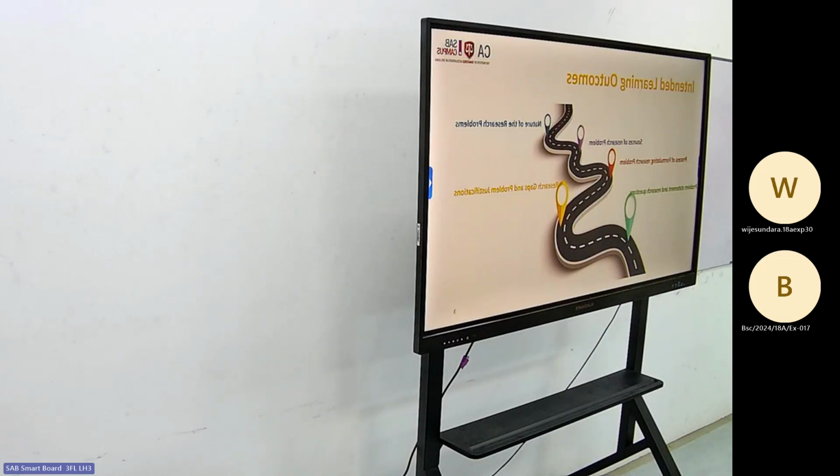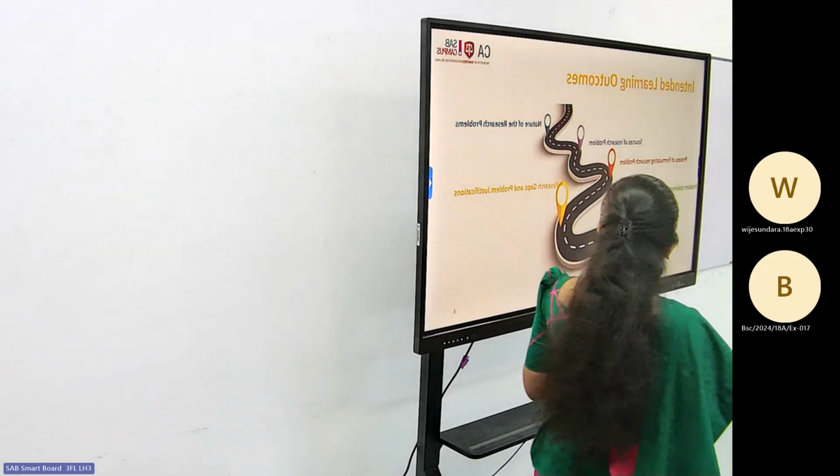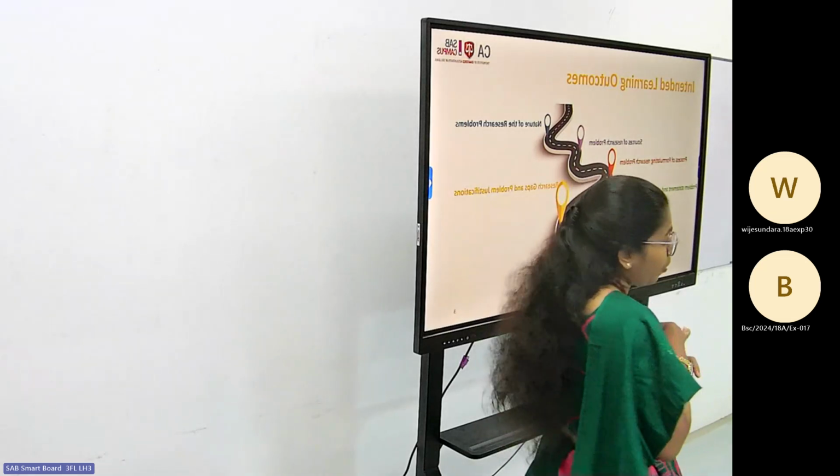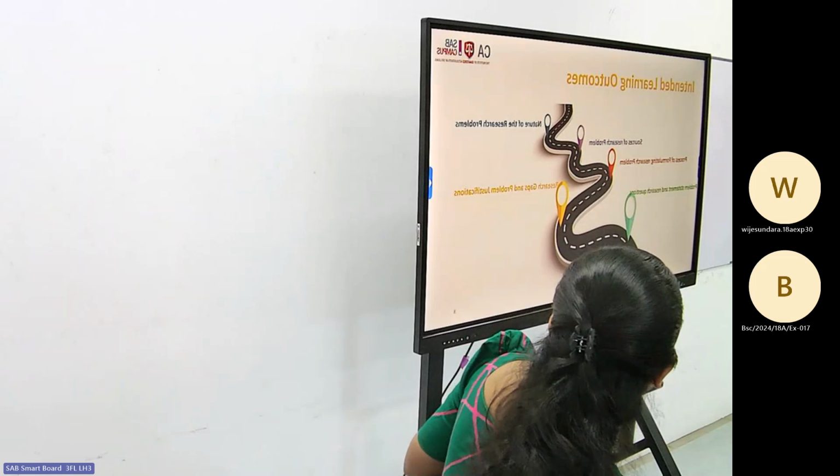Actually, the nature of the research problem. You need to identify the nature of the research problem, and then the sources of the research problem. From there, you can identify the research problem, and then the process of formulating the research problem, and research gaps.